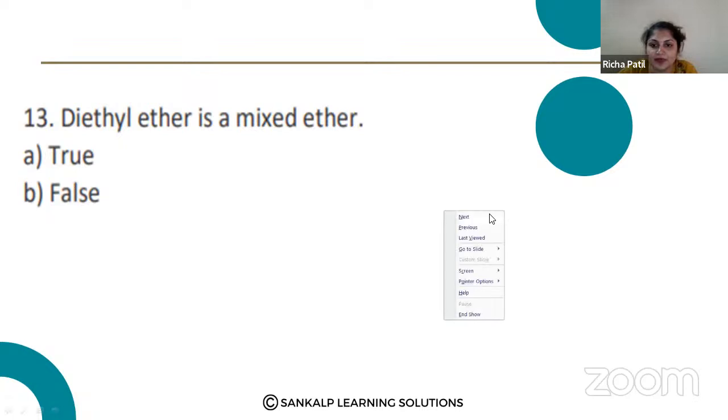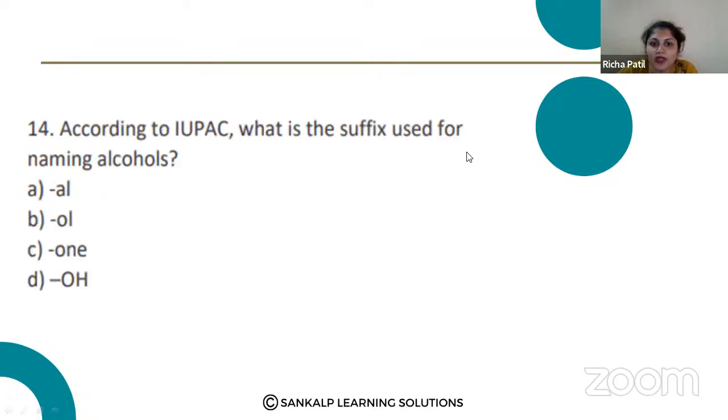According to IUPAC, what is the suffix used for naming alcohols? Yes, Lohit Kumar. Yes, Rakshita.